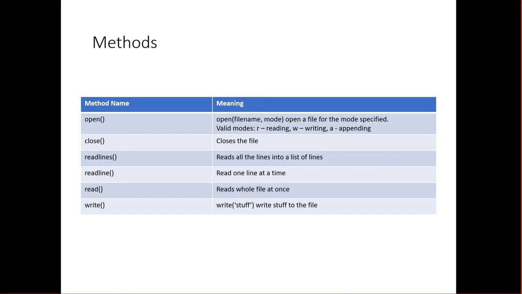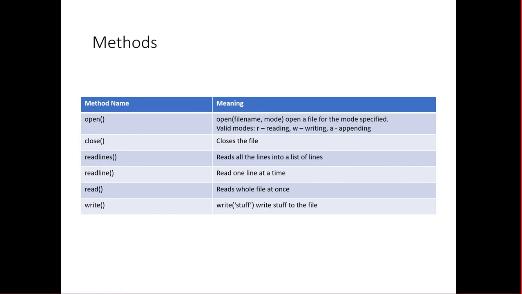And one thing you need to remember: when you open a file handler, make sure that you close it. At the end of file handling, make sure that you close the file. You open the file in the beginning with different modes and then you close the file. Then there are other methods we could use to read and write.